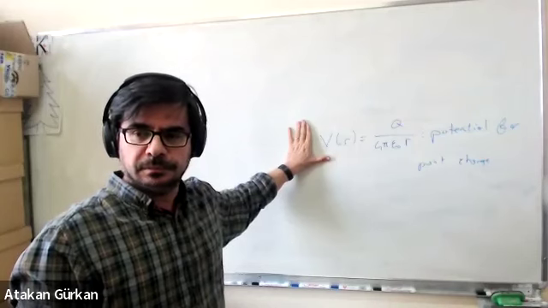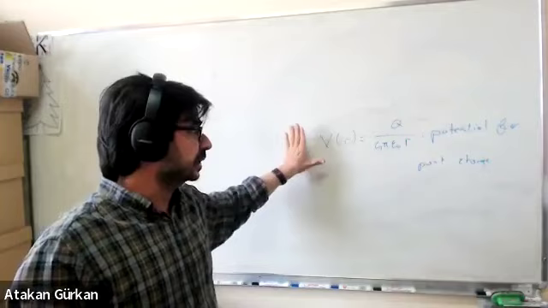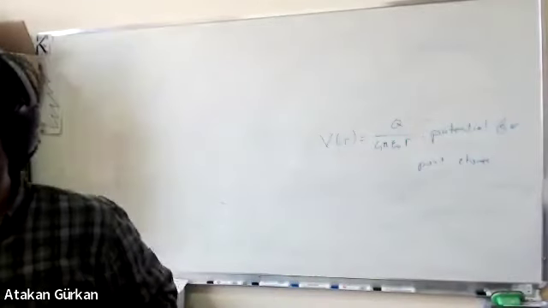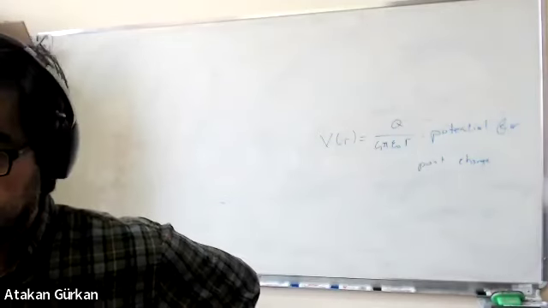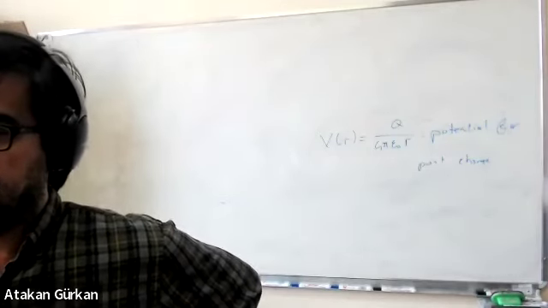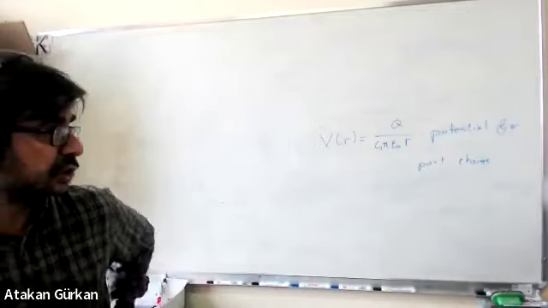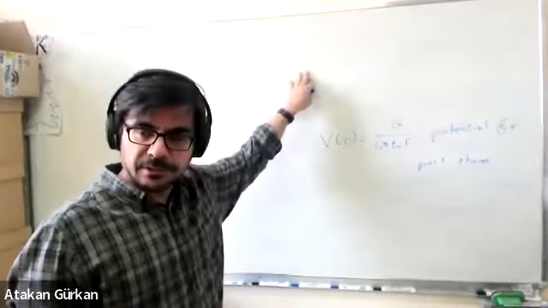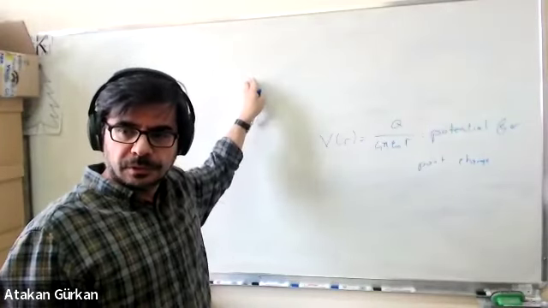This doesn't happen for every field. Not every field can be derived from such a potential. Not every force field can be derived from a potential energy. The relationship between the potential and the electric field is the same as the relationship between potential energy and the force.